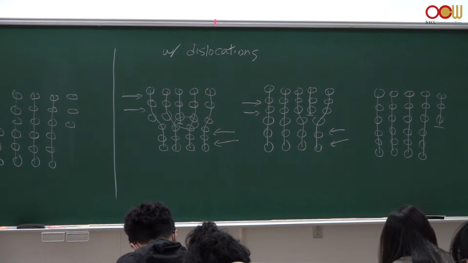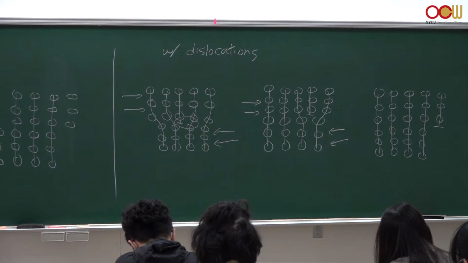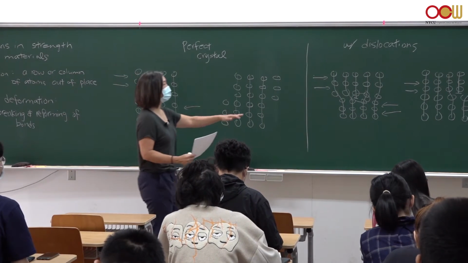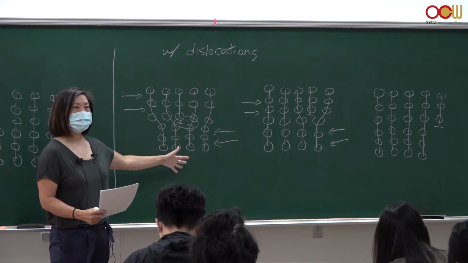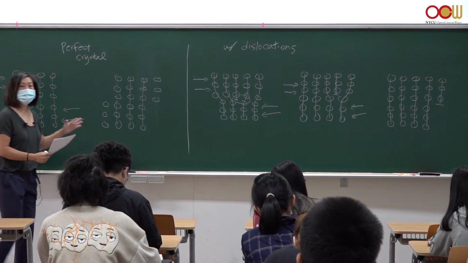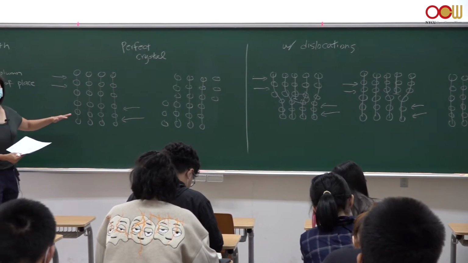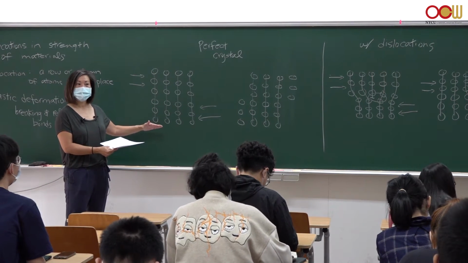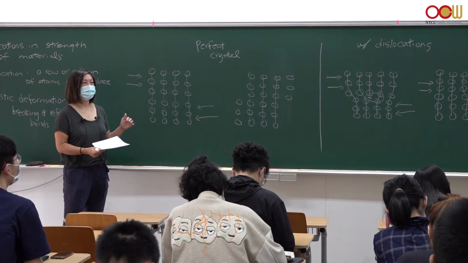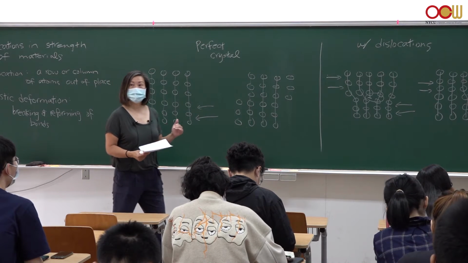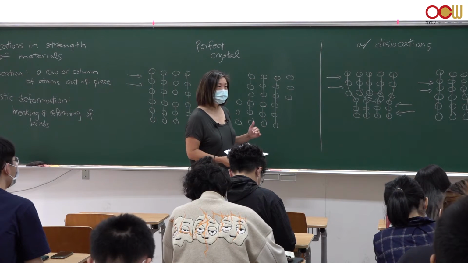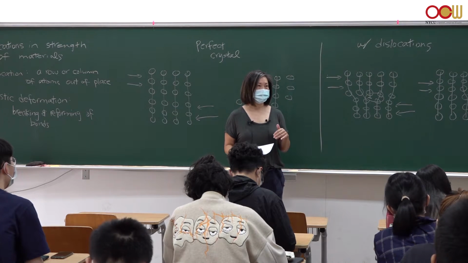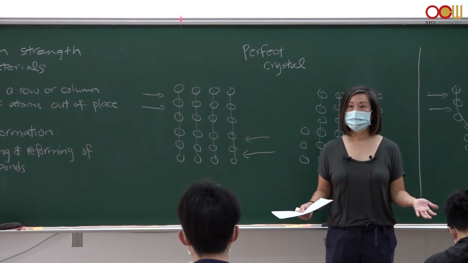So dislocations actually make it easier for me to have plastic deformation, because it's giving me a way to break and reform the bonds 1 at a time, as opposed to if I had a perfect crystal, I would have to break all of the bonds and reform all of the bonds at one time. Okay, so having dislocations will give me a lower strength in my material, but it makes it easier to get plastic deformation. So it really depends on what you want.